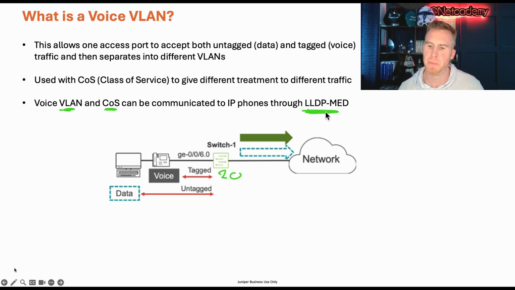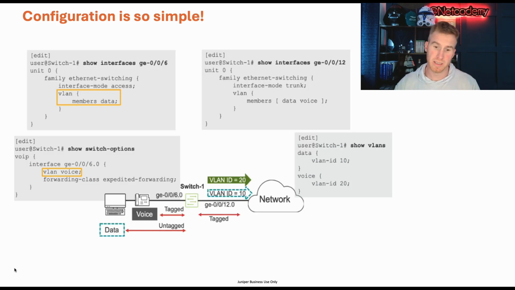That's why I've done LLDP-MED to begin with, because not only does it discover who's connected to who and what their capabilities are, it can say, I need this class, I need this power over Ethernet demand, and it can even define via those TLVs what is the VLAN associated to that voice traffic and what is the class of service that I expect from a VoIP perspective. But voice VLAN is basically separating that tagged voice traffic from the untagged data traffic. And this is the configuration.